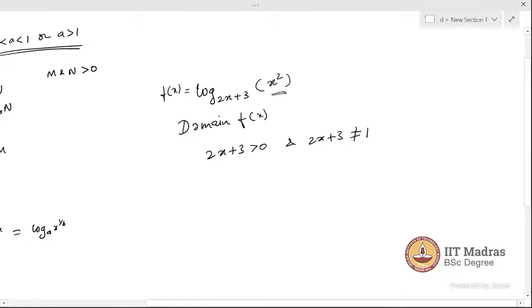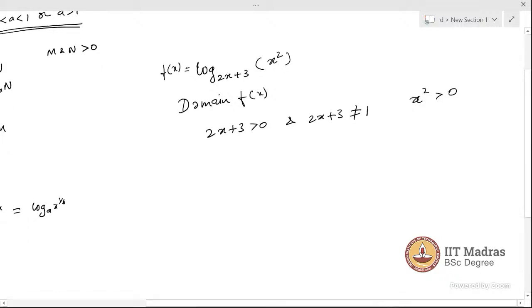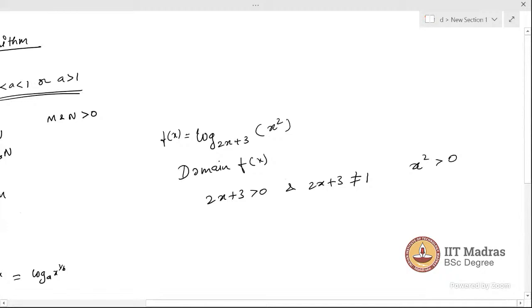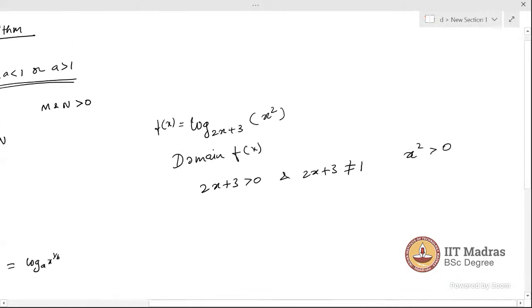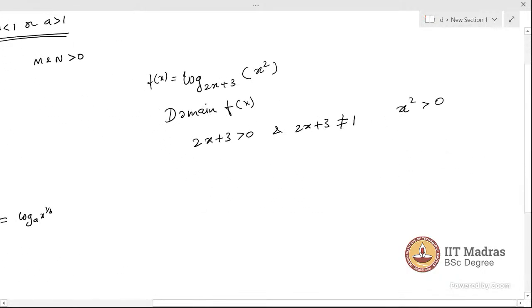And what about this? x square has to be greater than 0. So these are the only 3 things by which we can find the domain of these functions. Sir, how will it be greater than 0? It will be positive, all positive. Got it?